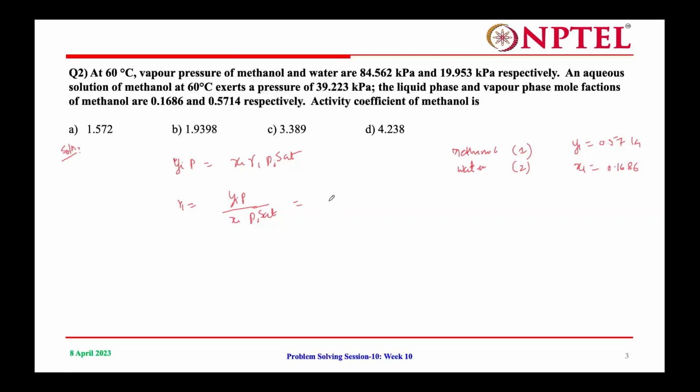Right. 0.5714 times the total pressure 39.223, divided by 0.1686 times the vapor pressure of methanol 84.562, right? That gives about 1.5. So we have got this value.